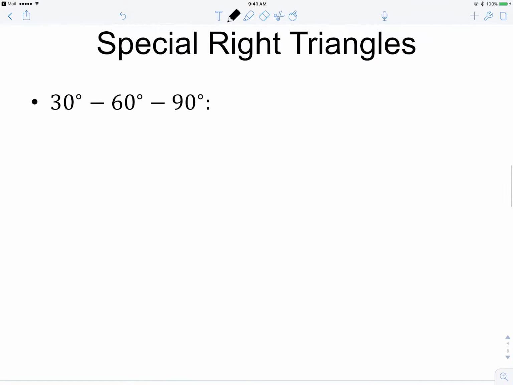So I'm going to do my best attempt at drawing an equilateral triangle. What do we know about an equilateral triangle?